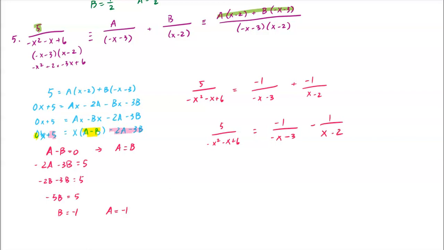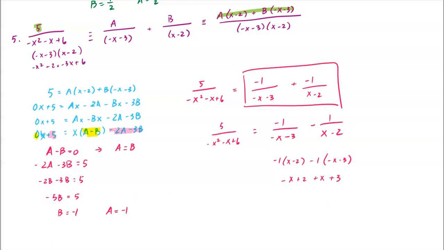That would be the final answer. Okay? You can check. You can do negative 1 times x minus 2 minus 1 times negative x minus 3, and that should give you 5. Negative x plus 2 plus x plus 3 cancels out the x's, and plus 2 and plus 3 give you 5. There is your answer.